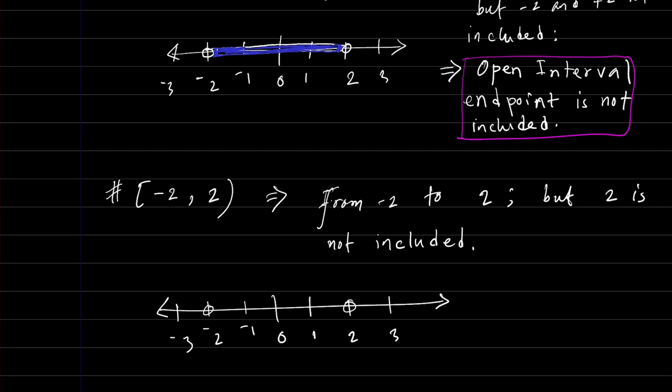Here minus 2 is included, so from including minus 2 up to positive 2, this would be our interval. This is a half open, half closed interval, because one endpoint is open, one endpoint is not included.